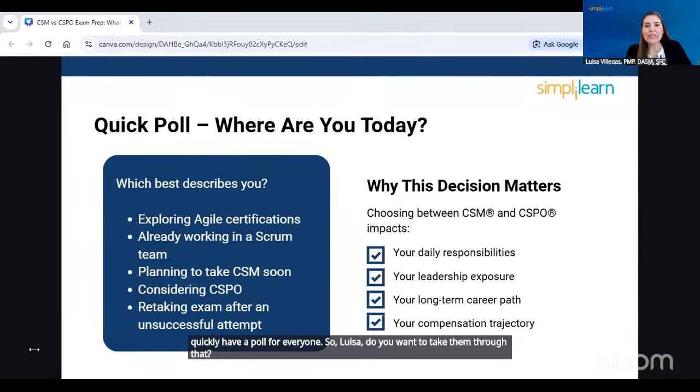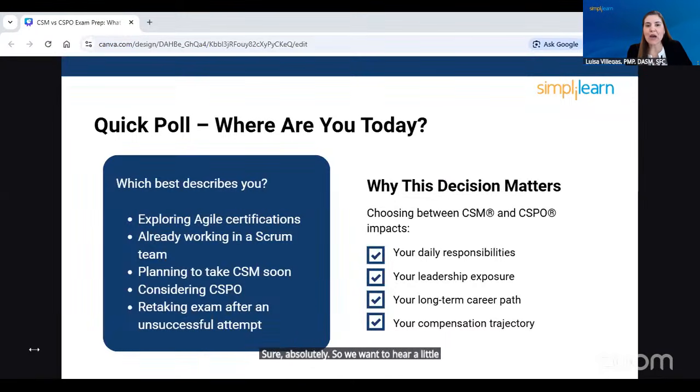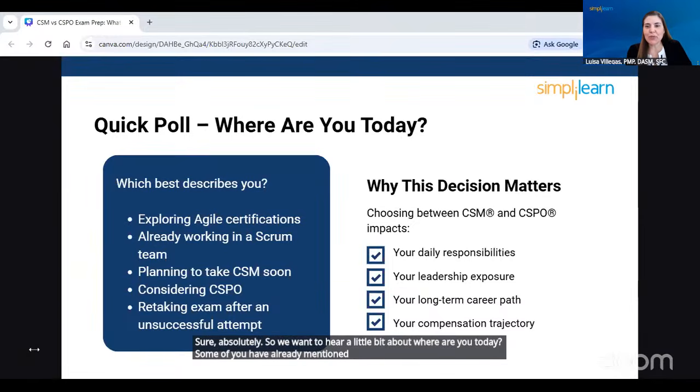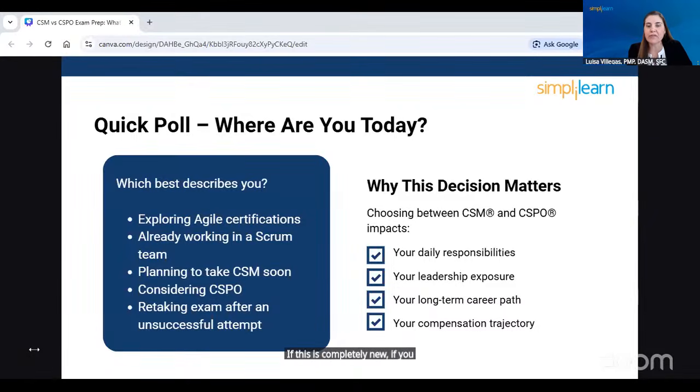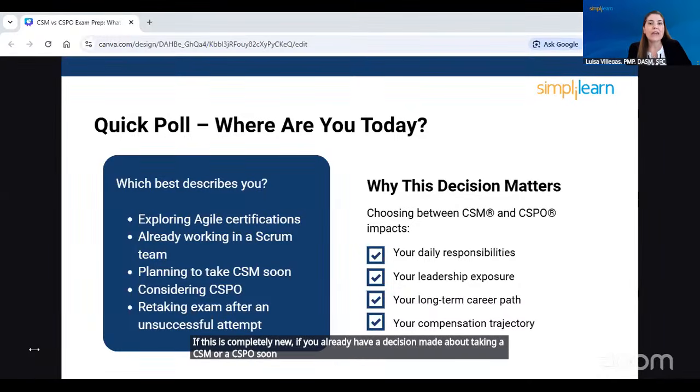Sure, absolutely. So we want to hear a little bit about where you are today. Some of you have already mentioned that you're working on your PMP. We actually have some alumni and some instructors from our PMP program, so great to have you here. So tell us if you're exploring Agile certifications, if you're already working in a Scrum team, if this is completely new, if you already have a decision made about taking a CSM or a CSPO soon, or if you have perhaps already taken the exam and are considering another attempt.